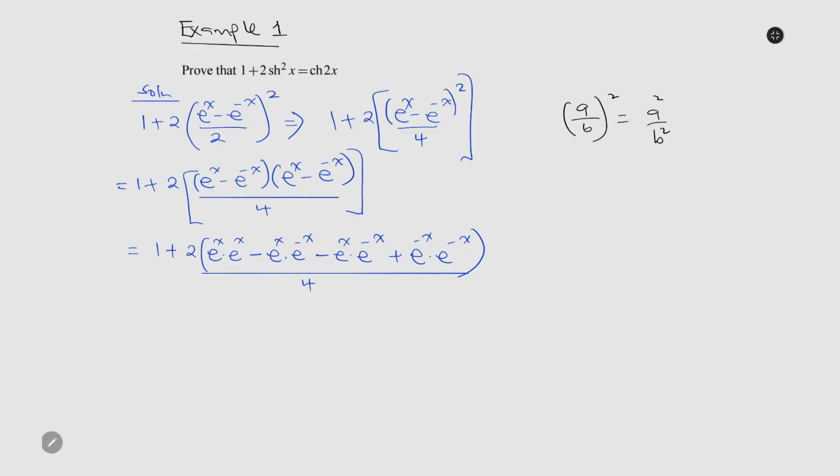Notice that these 2 can cancel with the 4, so I'll have over 2 there. Now I want to remind you something again from laws of indices, the multiplication law or addition law: if I have a power m times a power n, that's the same as a power m plus n.